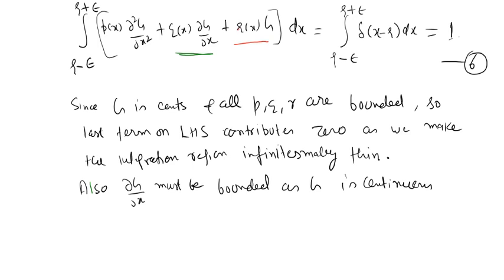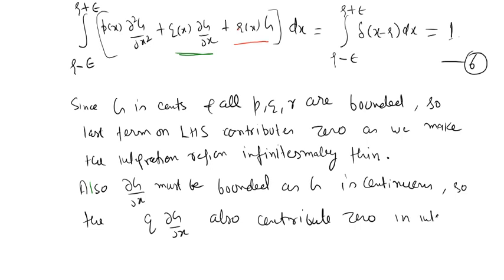So the second term, q times the derivative with respect to x, also contributes 0 in integration due to the thin region, and that area shrinks to zero size. So finally you are left with only the first term on the left hand side, and the right hand side is 1.